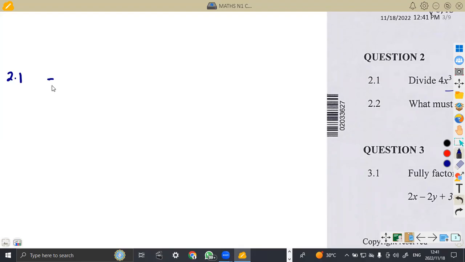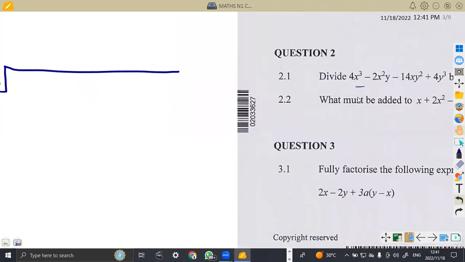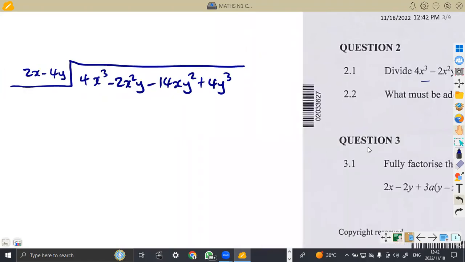We are dividing into the whole expression, which is 4x cubed minus 2x squared y minus 14xy squared plus 4y cubed.